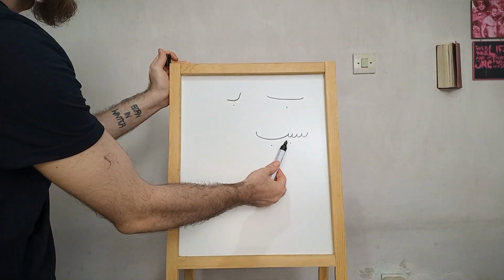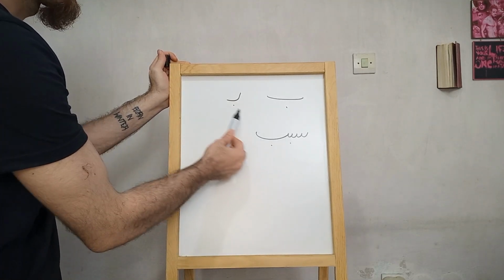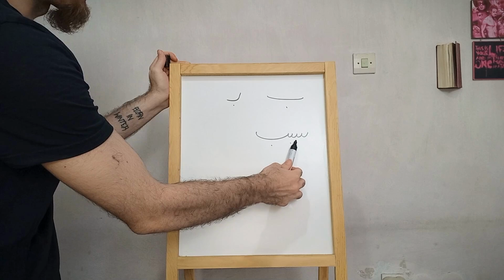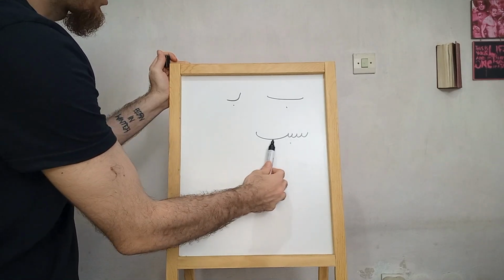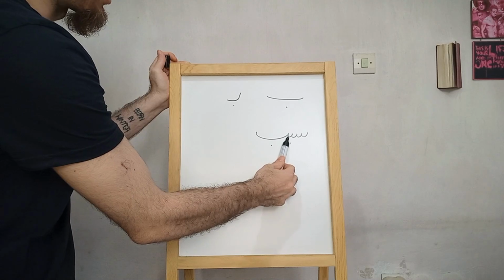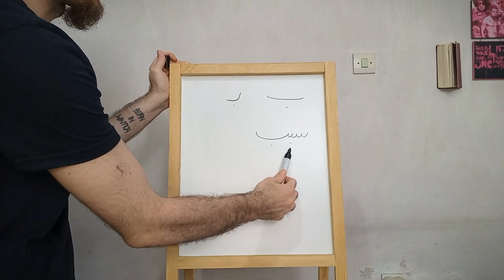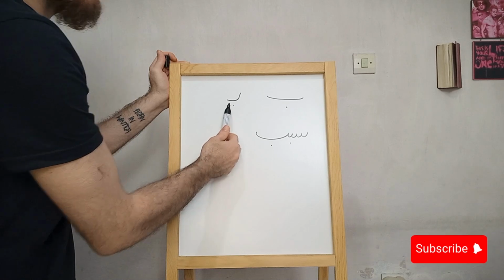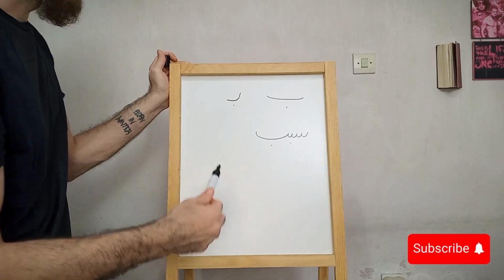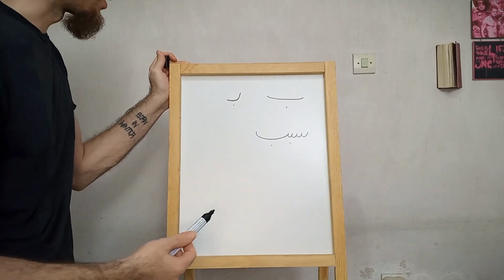See, there is one B here. It's connected from left and right to both letters. And B in the end is also connected to this B here.